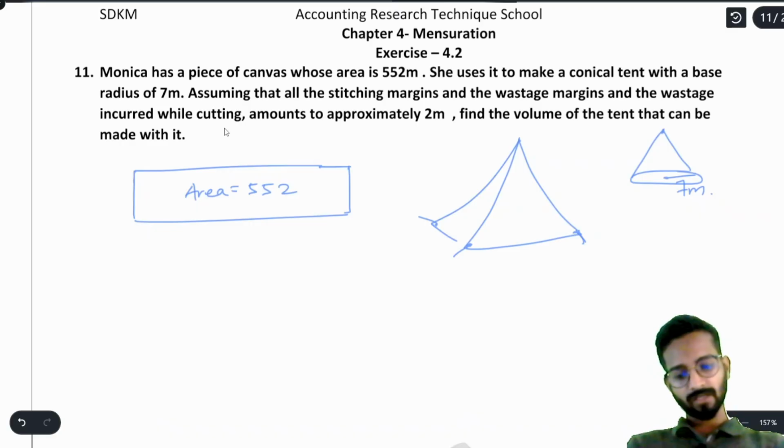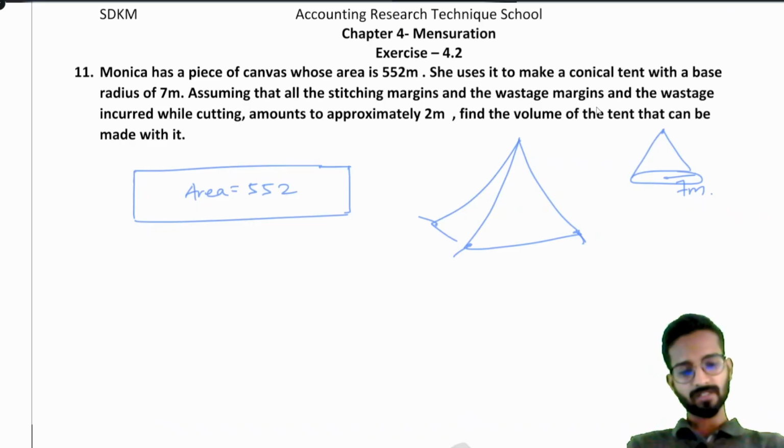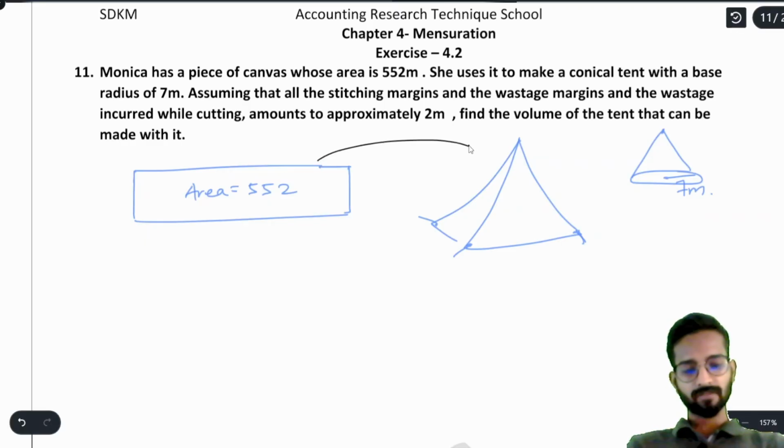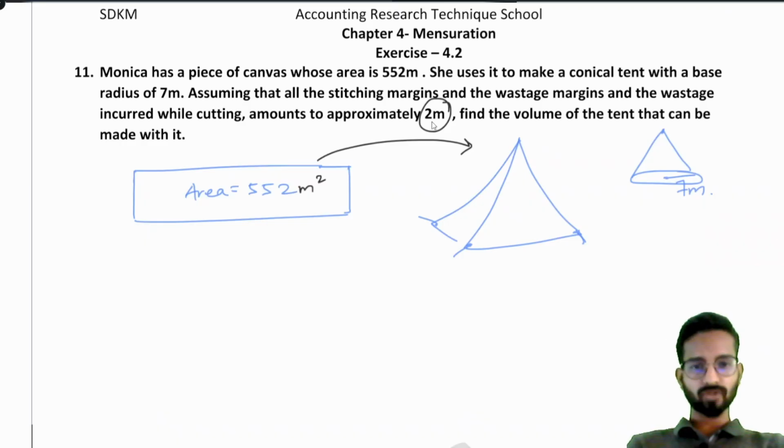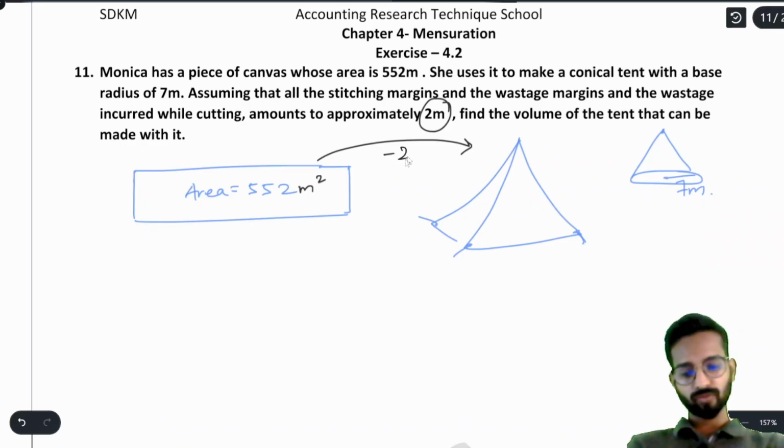Okay, assuming that all the stitching margin and the wastage incurred while cutting amounted to approximately 2 meter. Okay, they are saying when you converted this canvas into the cone, there is the wastage of 2 meters. So here the area was 552 meters square. If 2 meter is wasted, it means from this area we will remove 2 meters and this will be the area of our new cone.